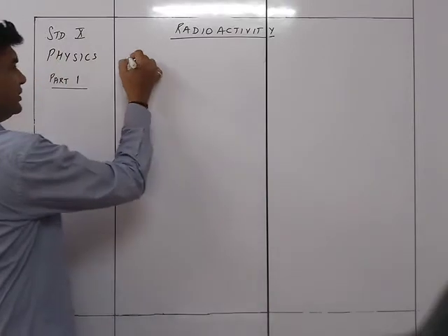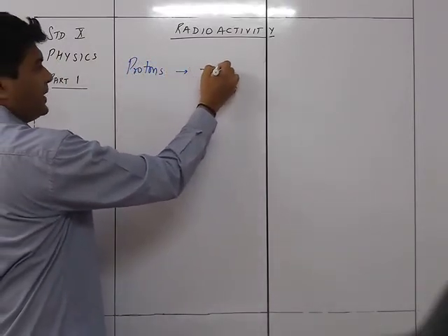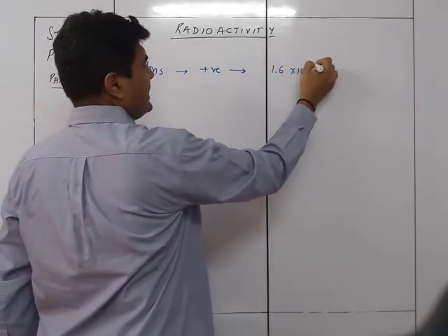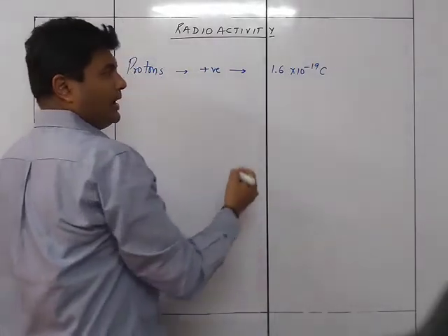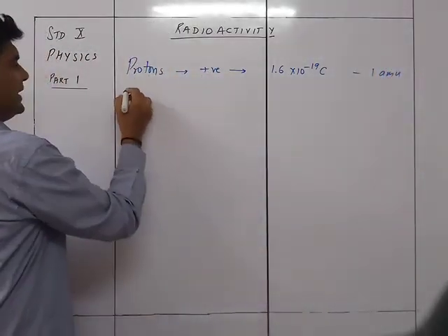So we have over here, first is protons. The protons are positively charged particles having a charge equal to 1.6 × 10^-19 coulomb, and the mass is equal to 1 AMU. And then come the electrons.